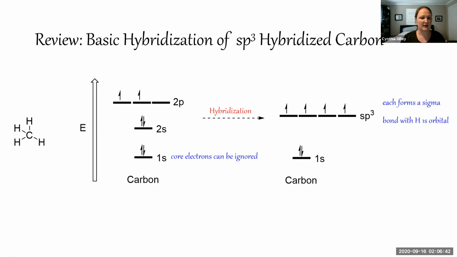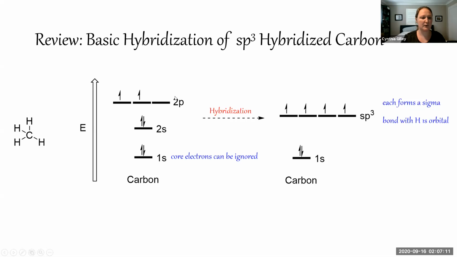Everybody knows that carbon has 4 valence electrons. These orbitals in particular will hybridize, and the valence electrons will fall into the hybridized orbitals. So when carbon needs to make 4 sigma bonds with 4 different atoms, for example these 4 hydrogen atoms, it will hybridize its 2s orbital and all 3 of its 2p orbitals.